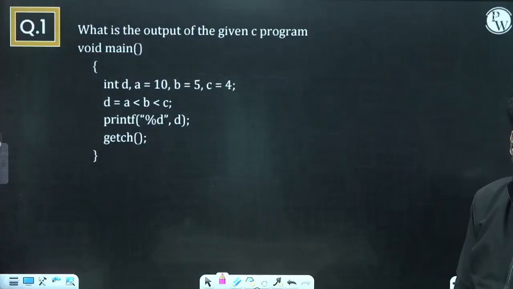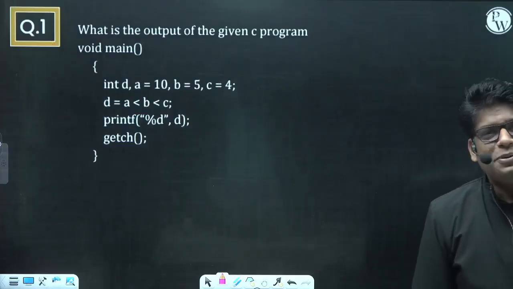Amir is saying the answer is 1 and Manas is saying the answer is 0. Why is it so?